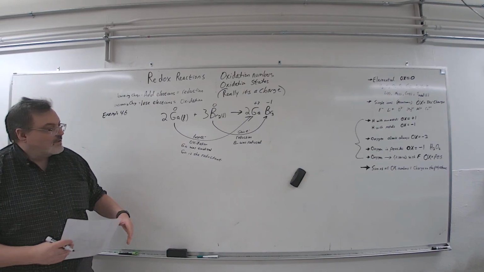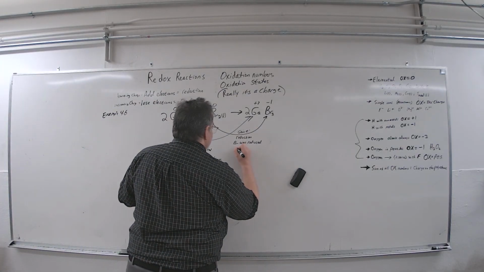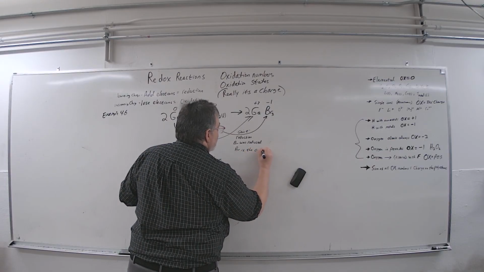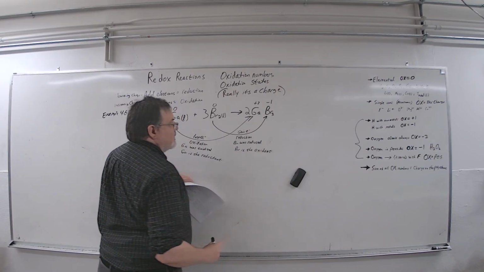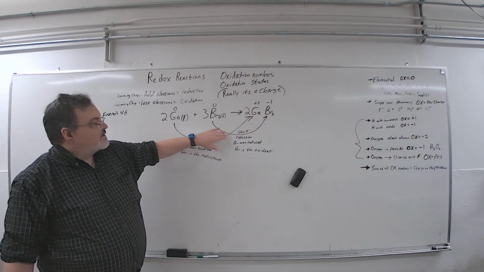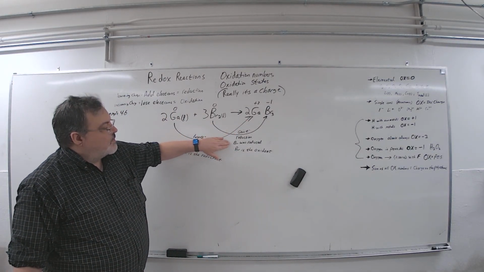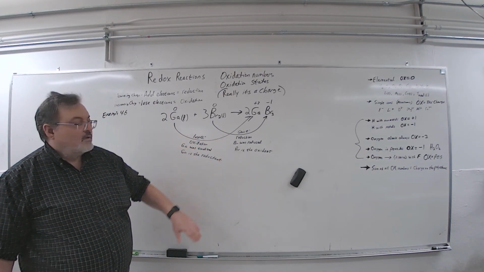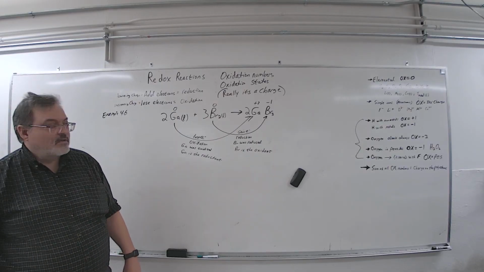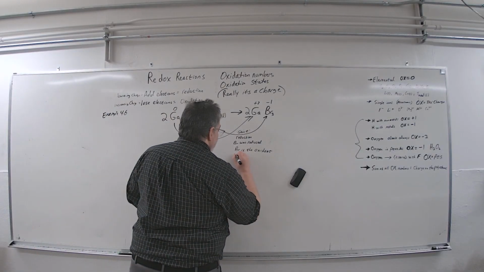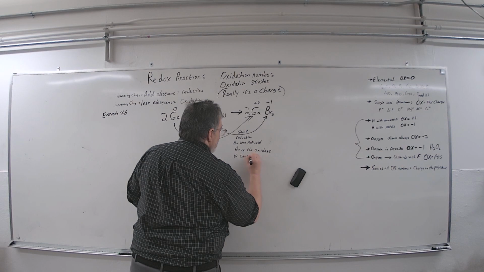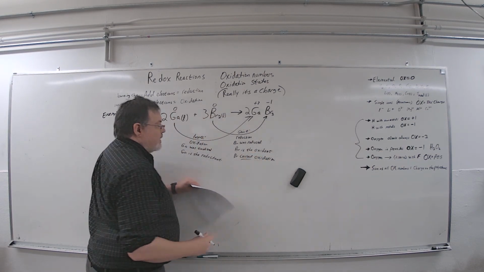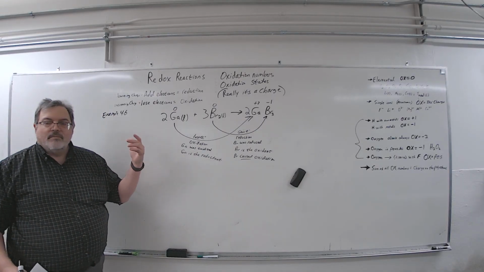But that's the reductant, which makes this the oxidizer, or the oxidant. So reduction occurred to bromine. Bromine was reduced. Bromine is the oxidant. Bromine caused oxidation. It caused oxidation on the gallium.